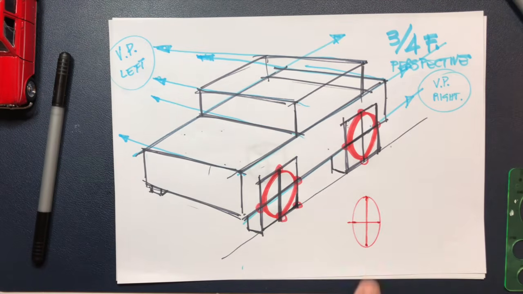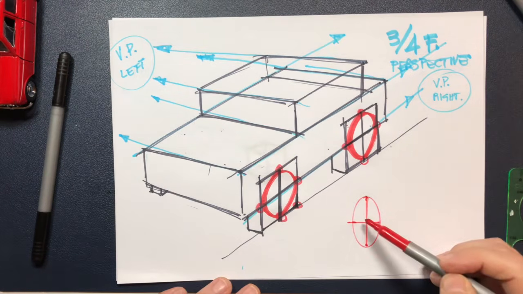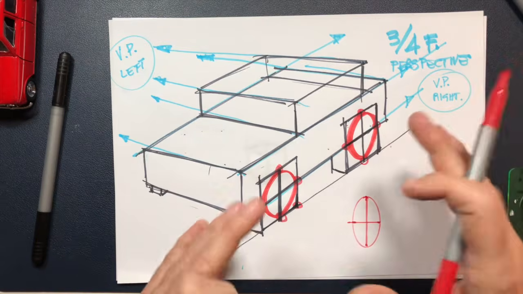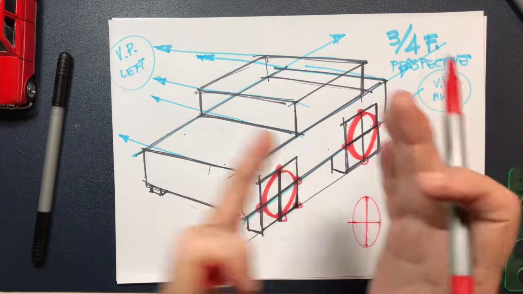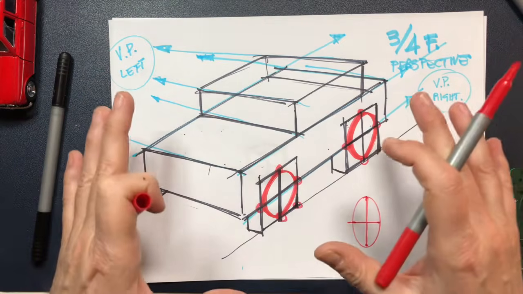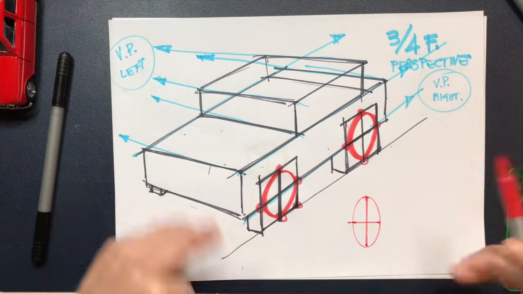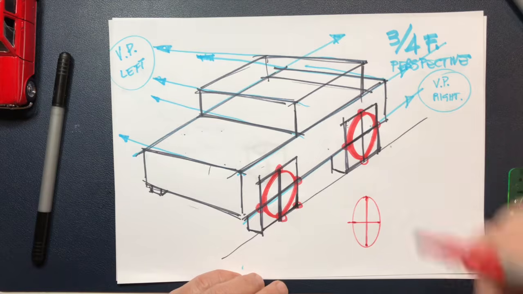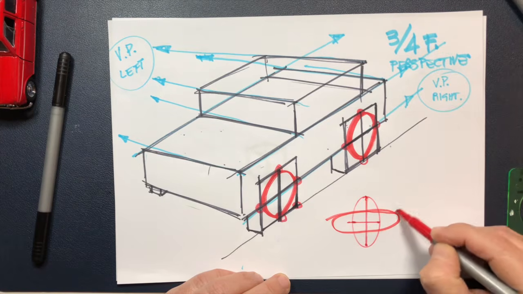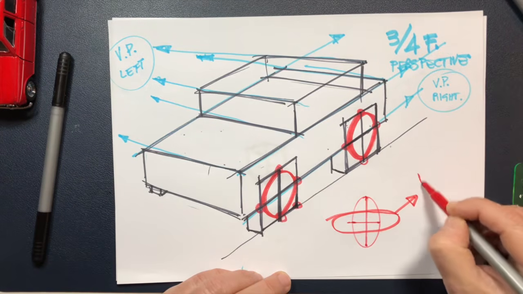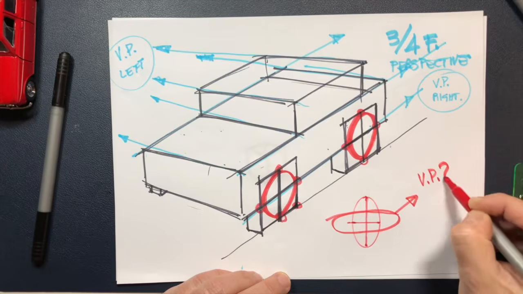Typical of an ellipse. Now, when we draw our ellipses, that are our wheels, in perspective, 3/4 front or 3/4 back, what is really important for you to know is where the minor axis will point, to which vanishing point.